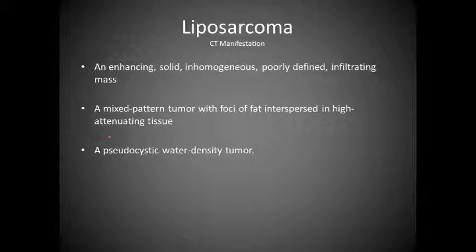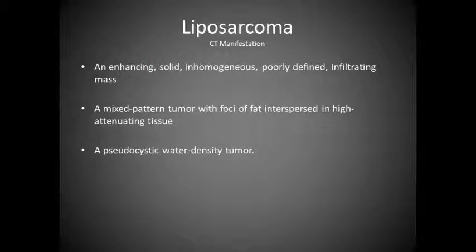So what you're going to look for in a liposarcoma is an enhancing, solid, and inhomogeneous, poorly defined, infiltrating mass. A mixed pattern tumor with foci of fat interspersed in high attenuating tissue, and a pseudocystic water density tumor. And so I know that's a lot of big words, so let's break it down.